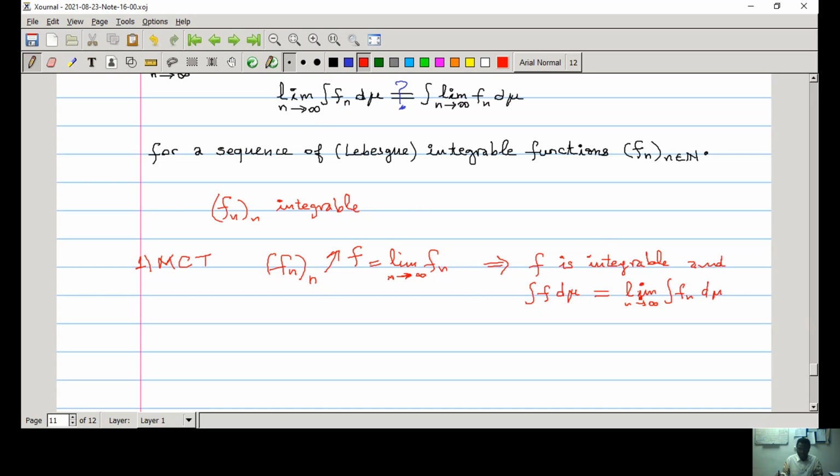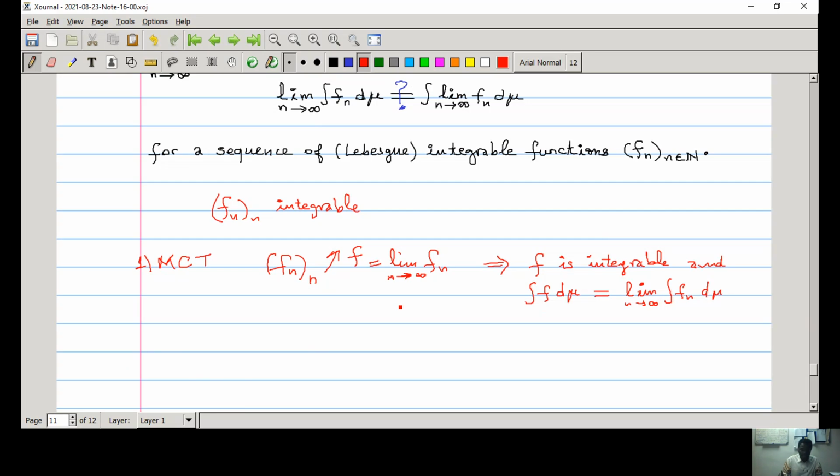Now, you can see that this is equal to that. So we know this, so we start from this and we reach that. So in other words, if I substitute this, because f is the limit. So if I write this equality, you can see that we just took this limit inside, and we have that equality. So that is the monotone convergence theorem. So the restriction is that this sequence has to be an increasing sequence that converges towards f.